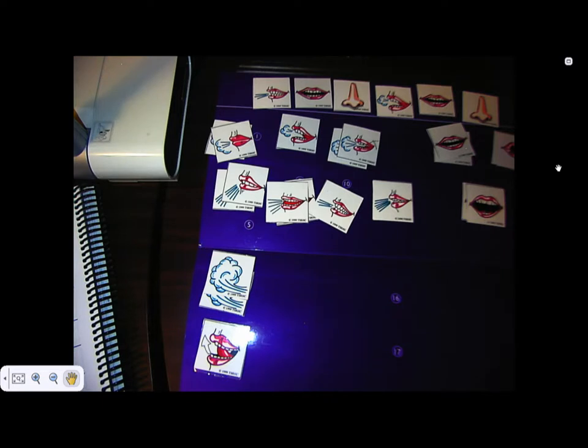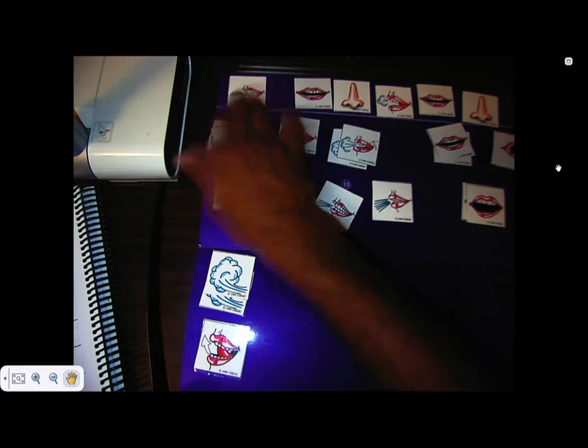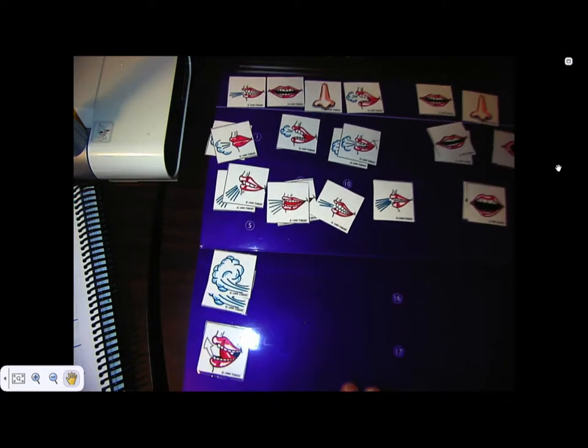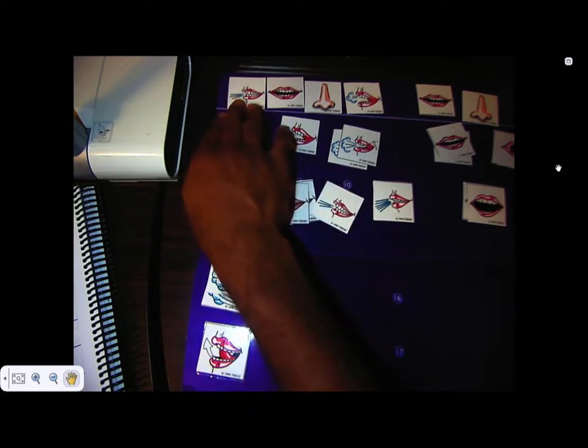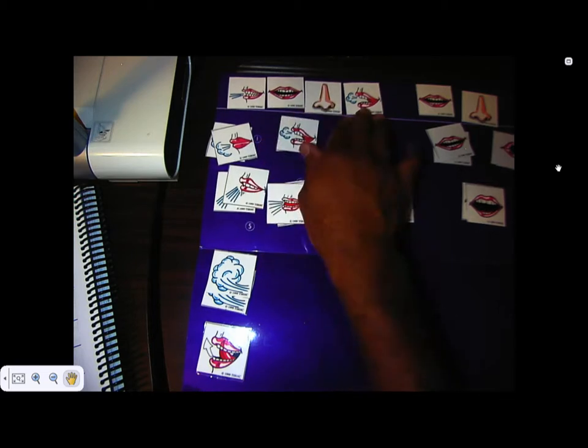Now let's identify our base word, and then the other two represent our suffix. So now let's touch and spell S-A-N-D.